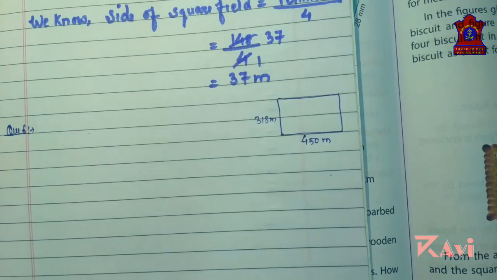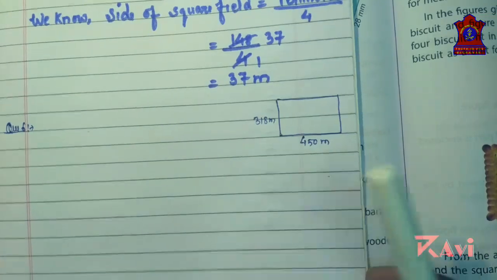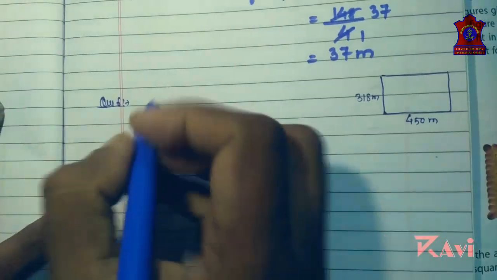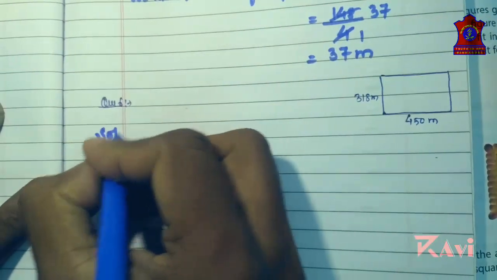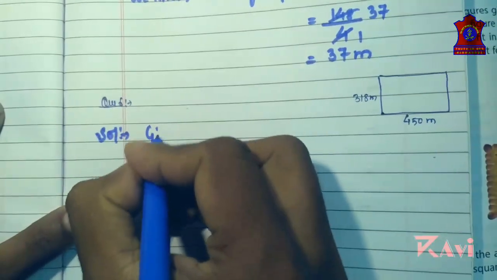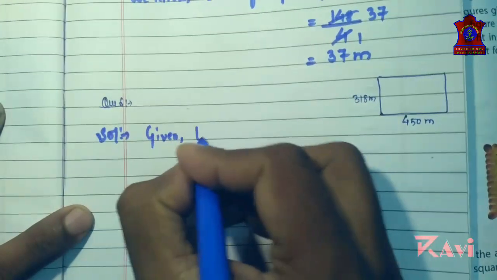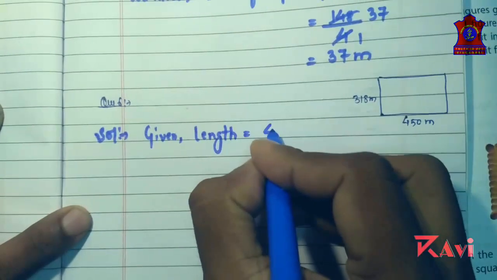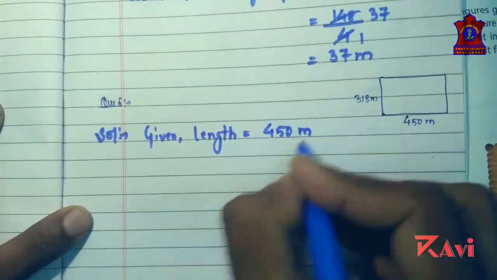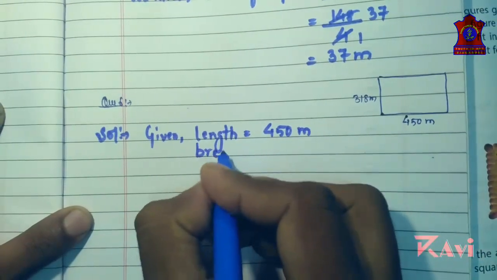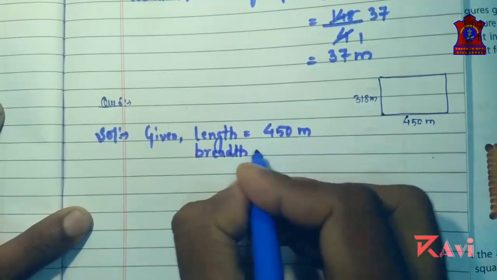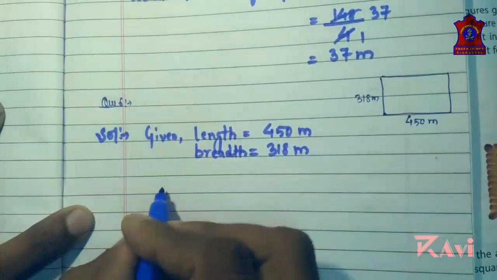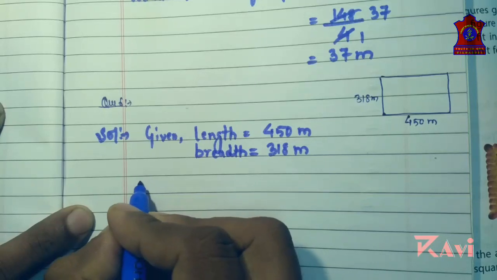So let's solve in this manner. Given, length equals to 450 meter, breadth 318 meter. Okay, now the question is asking perimeter.